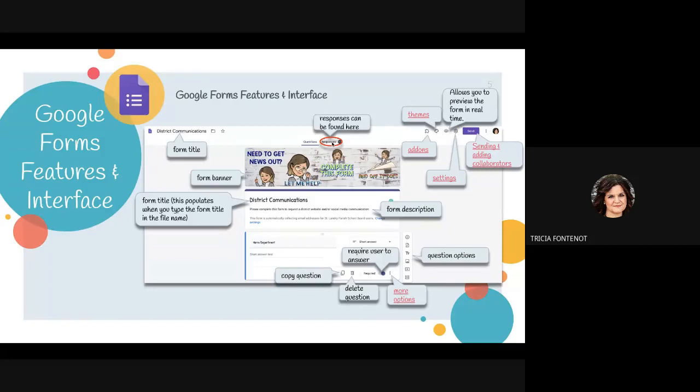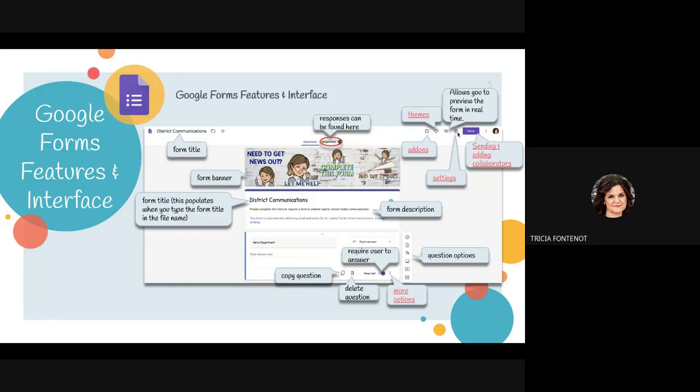All right, so going across the top right, this is called an add-in button. We're going to talk more about that. This is the theme button. That's where you change the look and feel of your form. This little eyeball here allows you to preview the form in real time, so you can see exactly how it looks just by clicking on the eyeball.